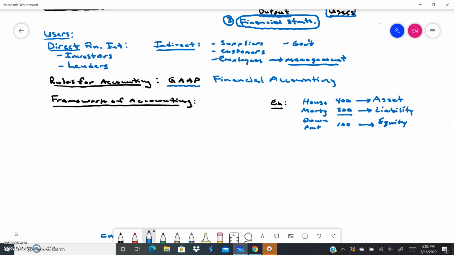So the framework that we're going to use from now on in accounting, and I'm just going to switch pens real quick. So the framework we're going to use from now on in accounting is going to look like this. We're going to have assets equals liabilities plus equity.